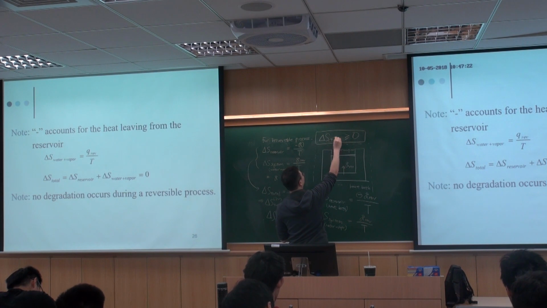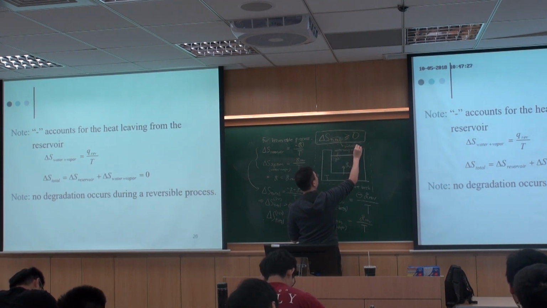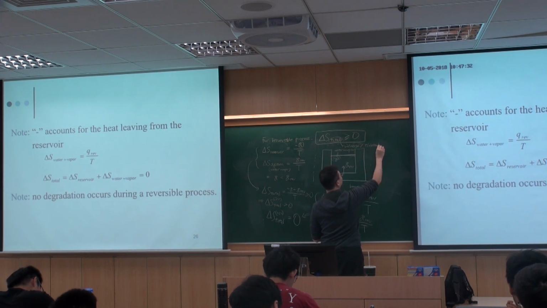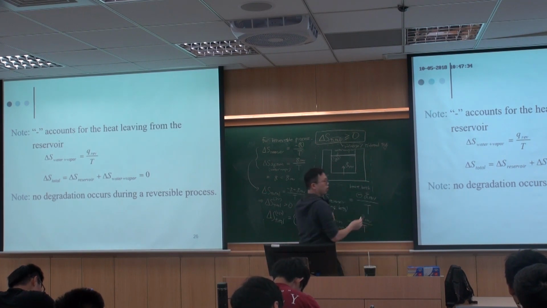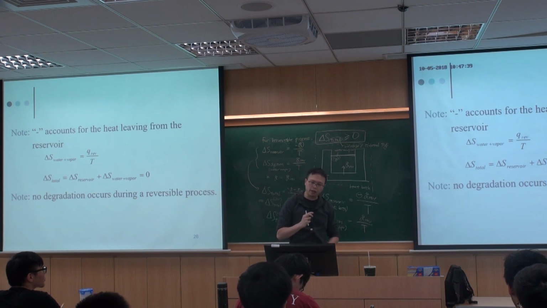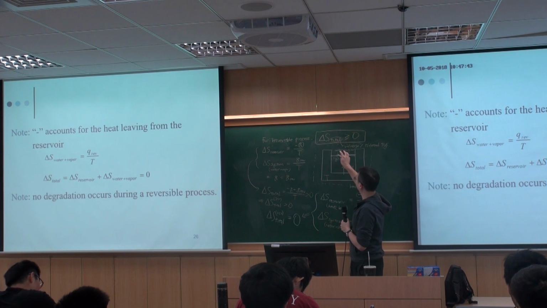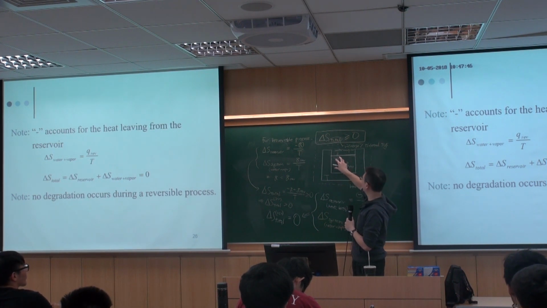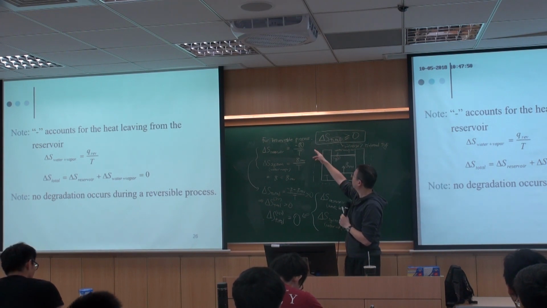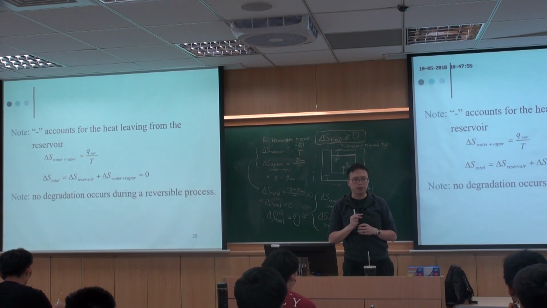And total means that it's a universe, or you can say it's an isolated system. So all the heat change is within the system. This system does not absorb anything from outside because this is the universe. This is the original system that we consider plus the heat bath. This whole thing has a delta S greater than 0.